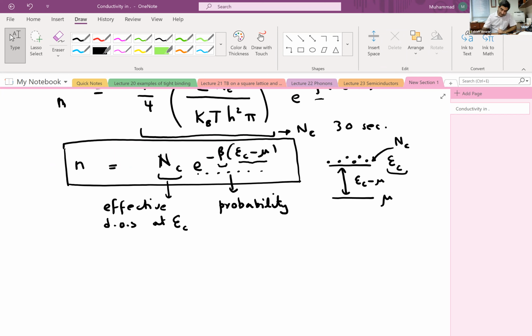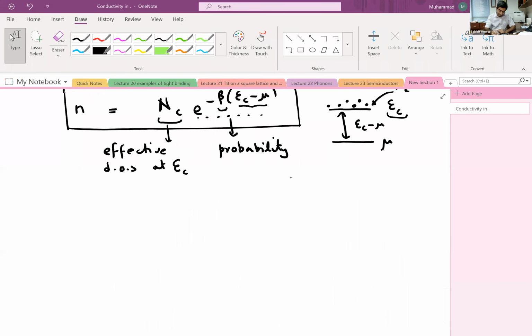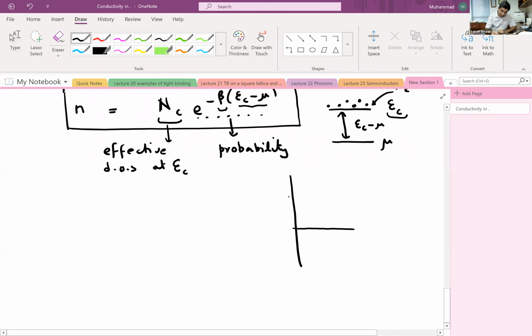All right. Likewise, if you were to repeat this calculation for the holes, exactly similar results would appear. Now you would have to do an integration. If you look at the band diagram here, this is EV, this is EC. Now you're going from EV to minus infinity.